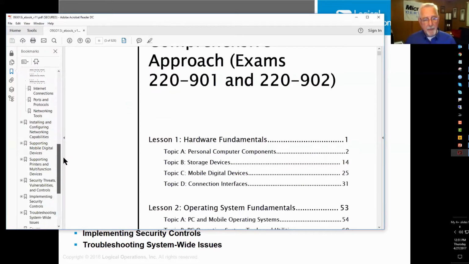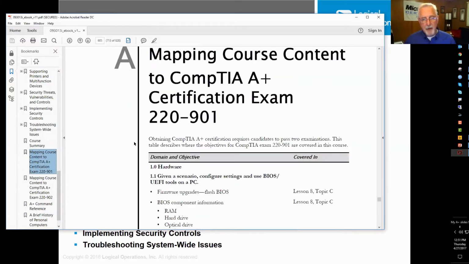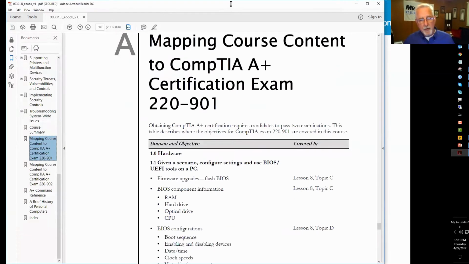At the back of the book, if you want to look back there at this time, you'll see there's a mapping of course content to the exam. Great information here. So as you look at the course objectives in your study time and the practice test, you can find where in the book those are located by going to this mapping section.